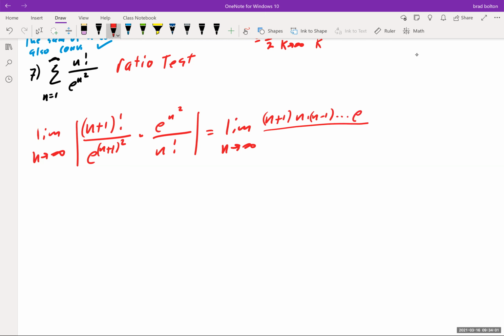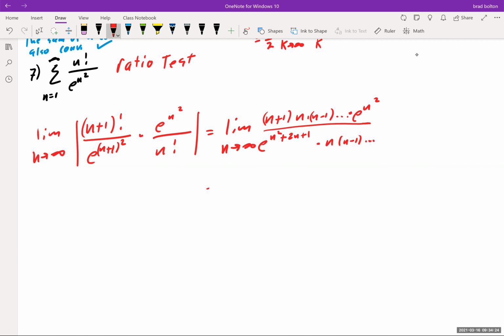I'm not even going to cancel it, I'm just going to write it. And then this will be e to the n squared times, oops, not times, plus 2n plus 1 times n minus 1, dot, dot, dot.